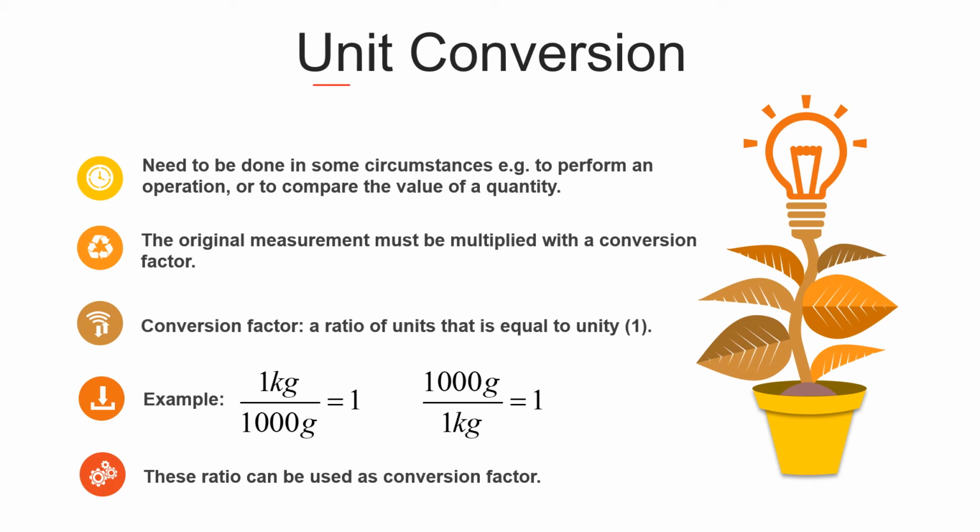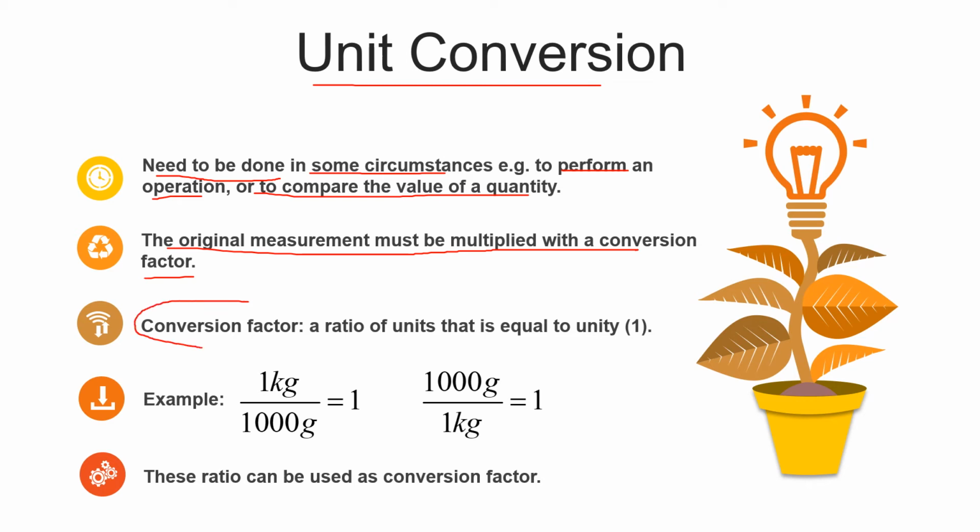Okay, next we move to the unit conversion. So in the unit conversion need to be done in some assumptions. For example, to perform an operation or to compare the value of quantity. And then the original measurement must be multiplied with a conversion factor. So what is the conversion factor?